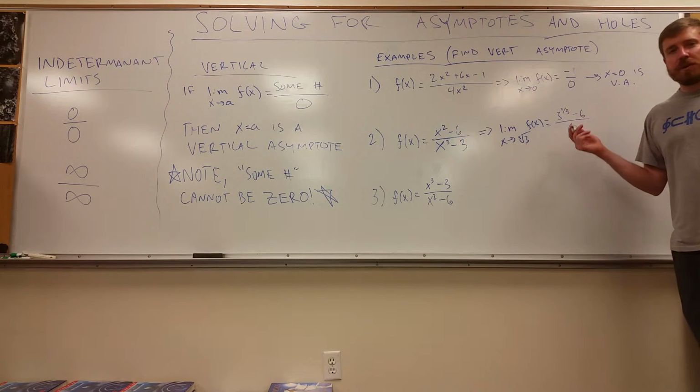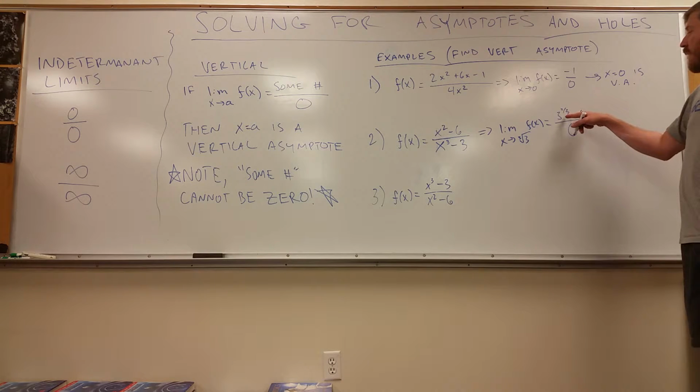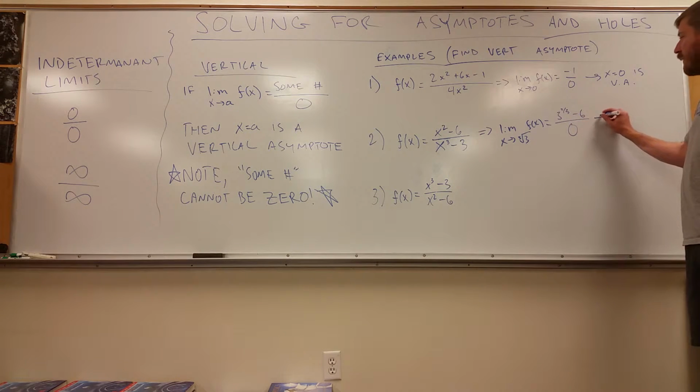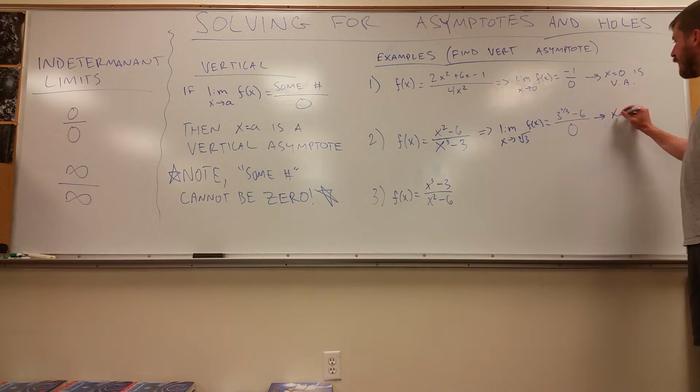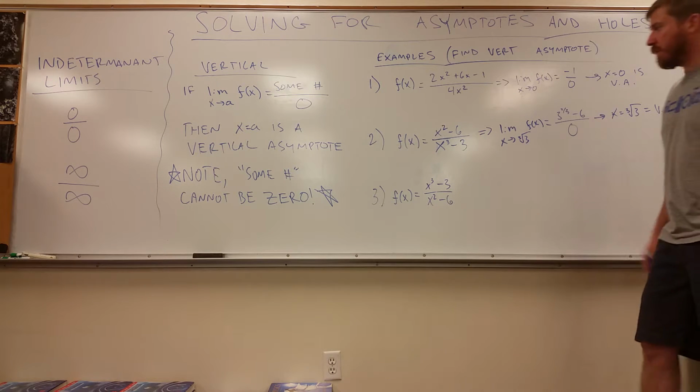So 3 to the 2/3 is some number, so that's some number over 0. Again, in this case, x equals the cube root of 3 is a vertical asymptote.